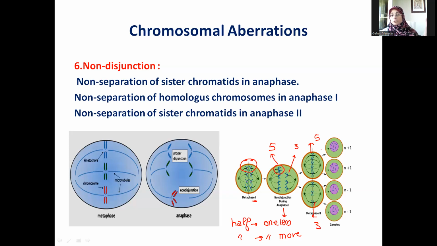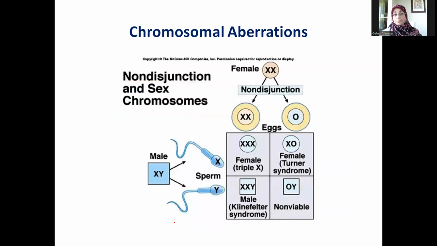Then disjunction will occur normally. We suppose that non-disjunction occurred once, and that the transition from metaphase 2 to telophase 2 occurred normally. So you will have half the gametes having n+1 and half having n-1. N was originally 4, so we have half the gametes that have 5 and half the gametes that have 3.